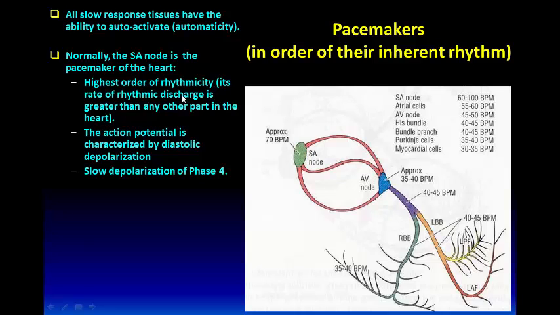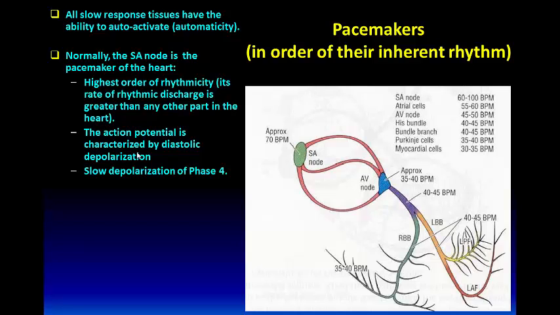Its rate of rhythmic discharge is greater than any other part of the heart. And it has slow depolarization of phase 4, and the action potential is characterized by diastolic depolarization, as we mentioned in the previous slides.